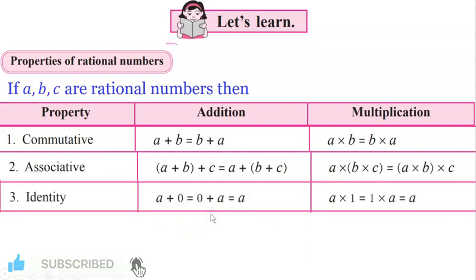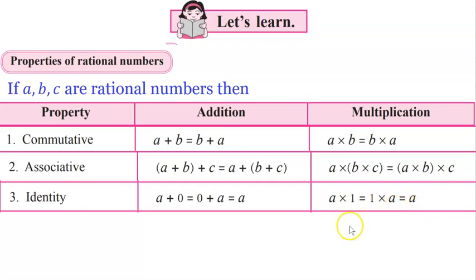Identity. Now there are two identities. One is the additive identity. If we add 0 to any rational number, then the given number remains the same rational number. It means a plus 0 is equal to 0 plus a is equal to a. And the multiplicative identity: if we multiply a into 1 or 1 into a, then you will have a.